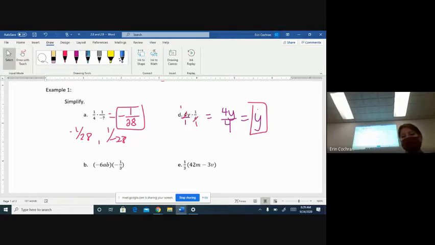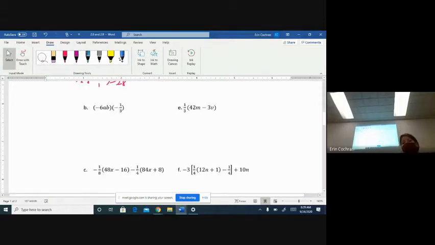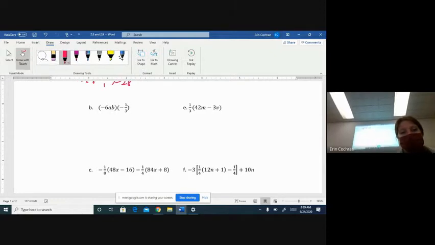All right, let's look at B. -6ab times -1/3. 6ab is the same thing as 6ab over 1. And if we multiply straight across, a negative times a negative is a positive. So what's 6ab times 1? 6ab over 1 times 3 is 3.